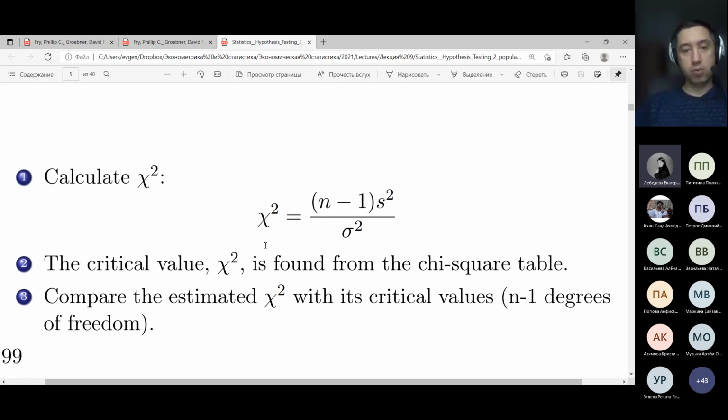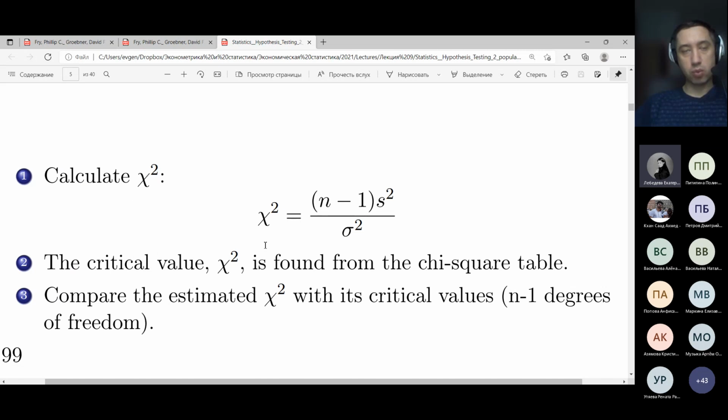You know that because of sampling, we can obtain many different variances, right? And if we compare a variance with a single number, we should agree on a threshold.